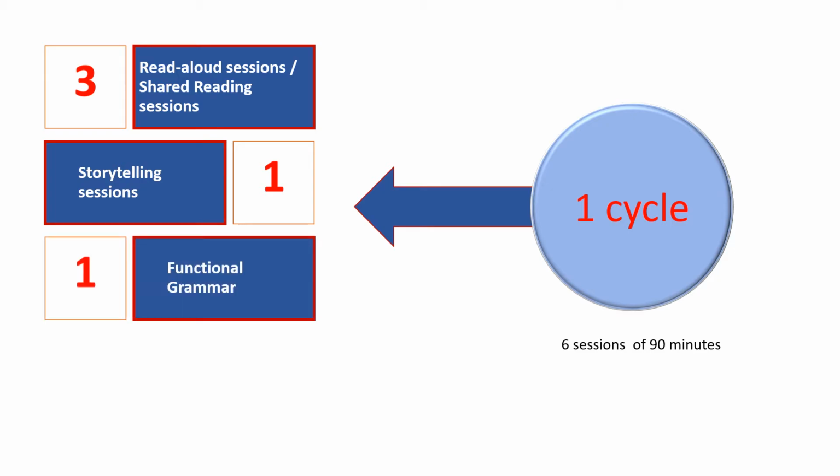Now, the 5th lesson in a cycle will always be functional grammar. Now, we call it functional grammar for a reason. This grammar is not intended to help the child read or speak completely grammatically correct English.